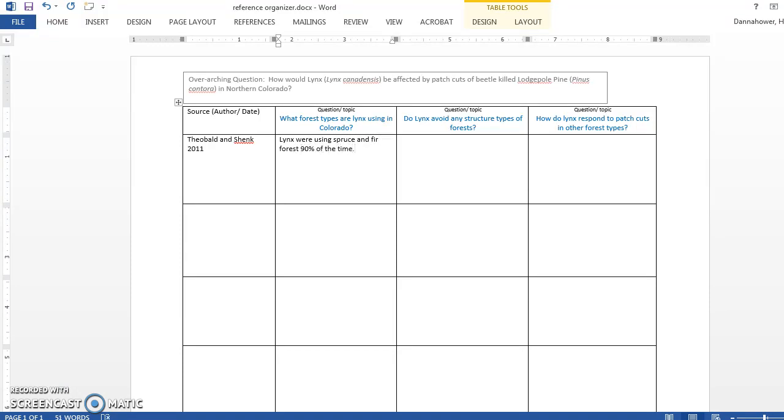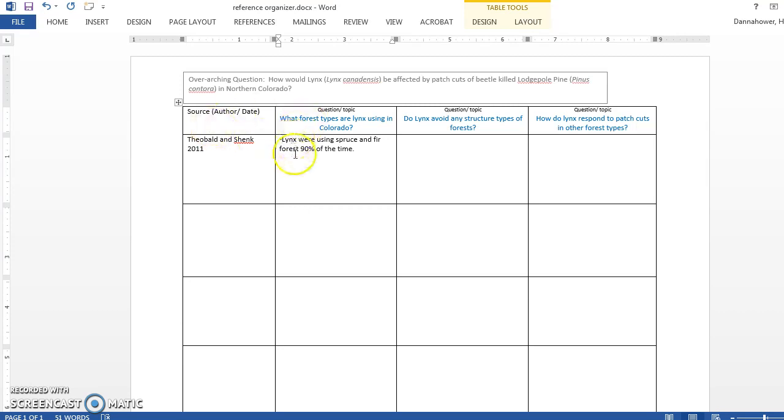You want to be fairly specific, but make sure that whatever you write in this cell, you don't plagiarize. Do not copy it word for word. If you summarize it once, right here from what the original article said, and then when you go to write your paper, you summarize it again, you're going to have a pretty good chance that you haven't plagiarized the source.